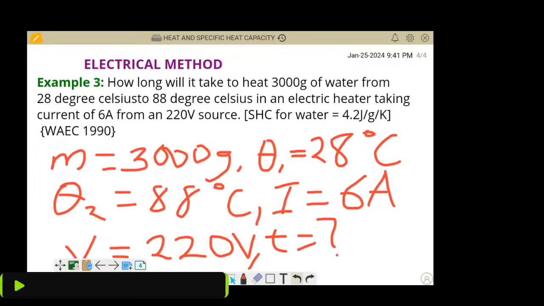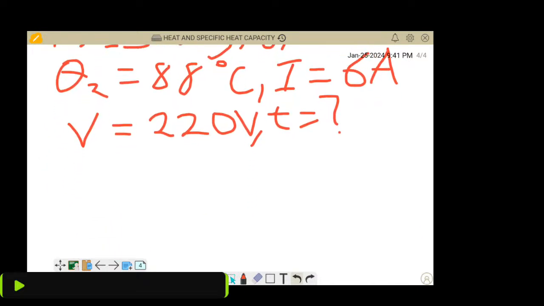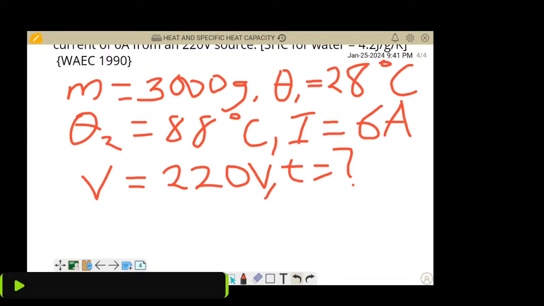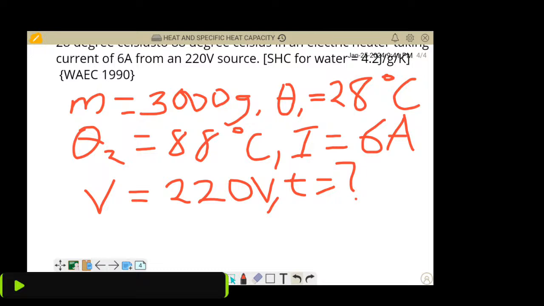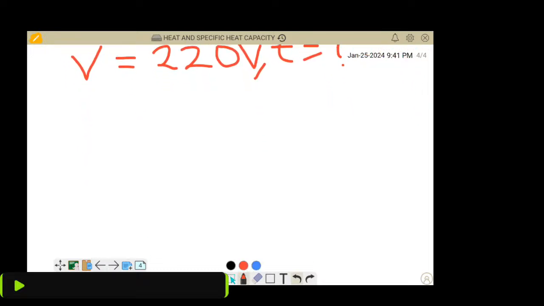Okay, now how do we go about this? In this one we have IVT, which is electrical energy.